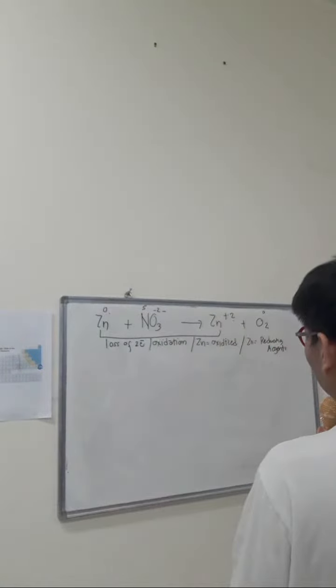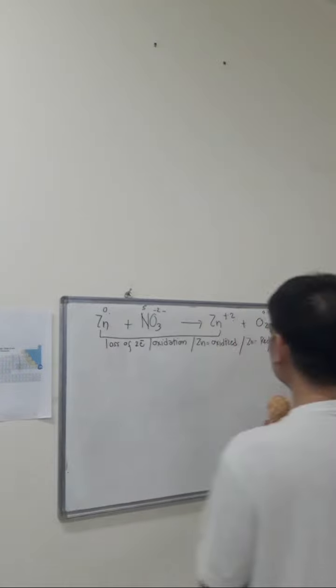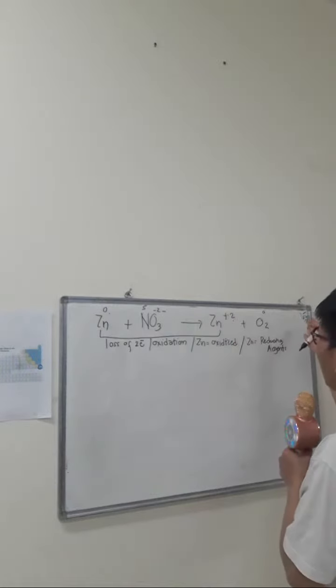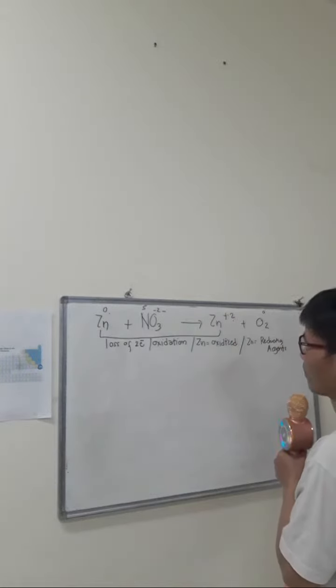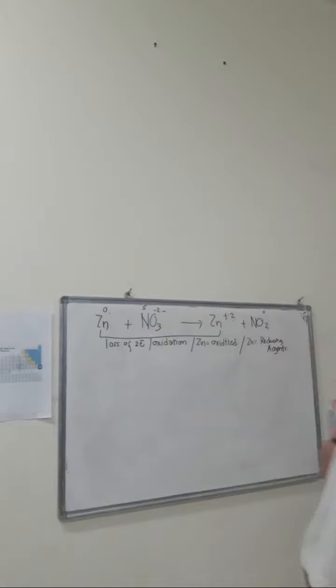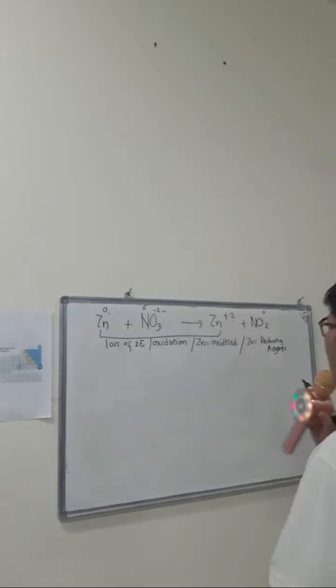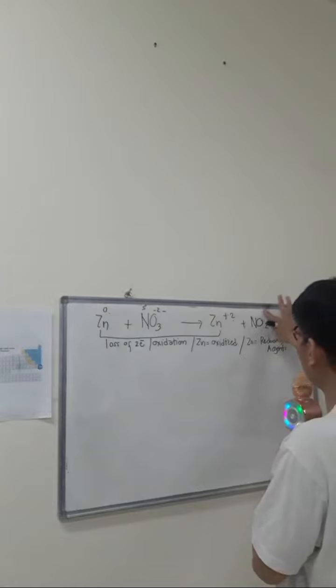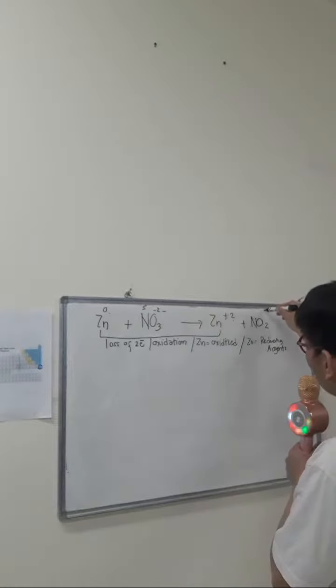By my visual inspection, it's impossible; we don't have nitrogen on the right. So we need to put nitrogen dioxide, right? Based on my visualization, it's going to be wrong, so that's going to be nitrogen dioxide, but still 0 is the charge.